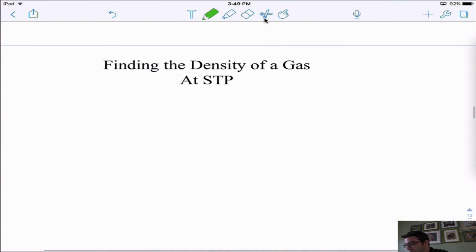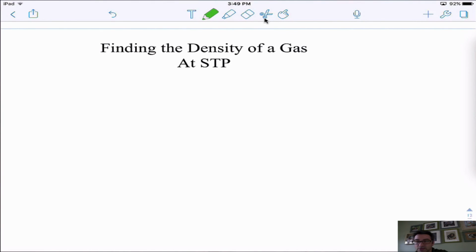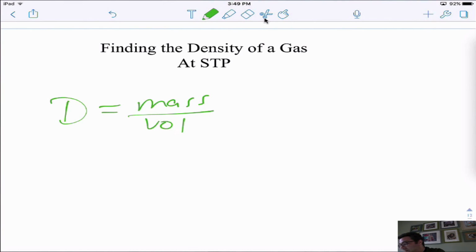Alright, one other thing I want to do with you before we stop for this video is finding the density of a gas at STP. Finding the density of a gas at STP is really quite easy. Remember that density is equal to mass over volume. What you can do is assume 1 mole.